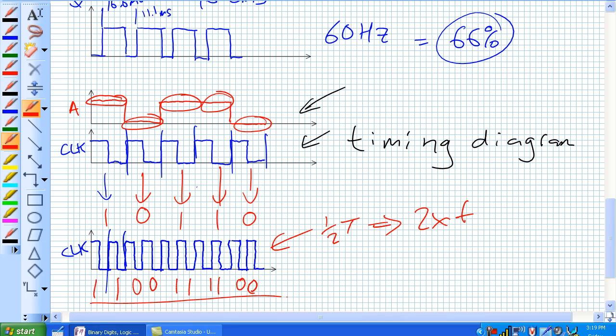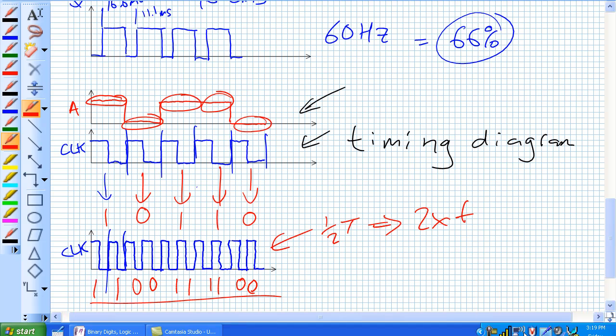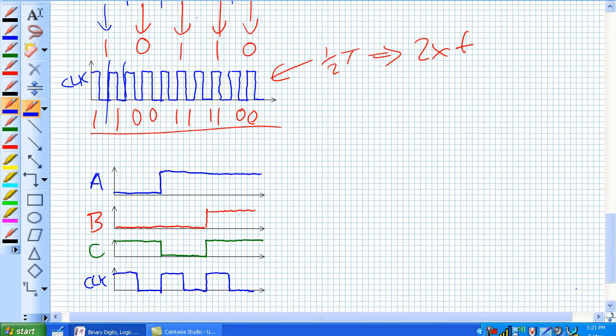Okay, so given a sample timing diagram that looks like this, we've got signals A, B, and C simultaneously displayed on this single timing diagram with a clock. What is the bit time where A and B and C are simultaneously 1?